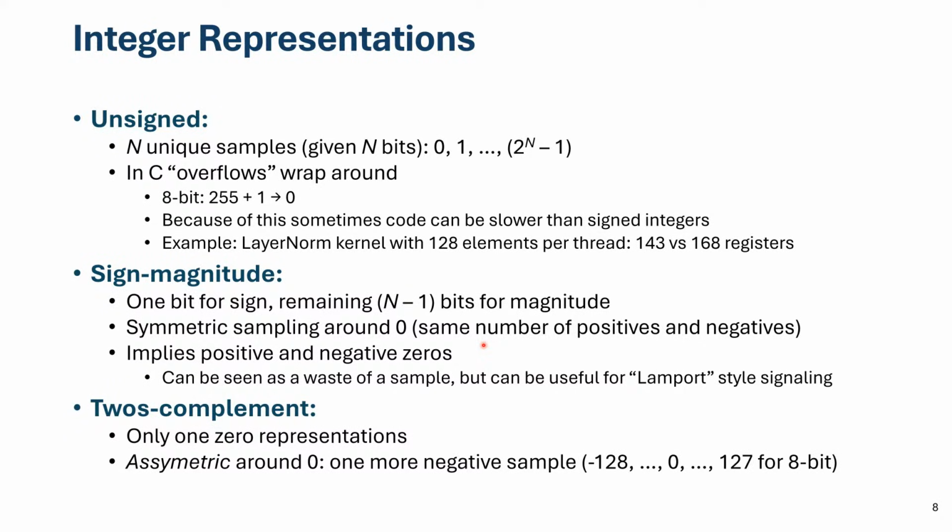If I used signed integers, I required only 143 registers. And when the delta is that large, things can actually affect occupancy and your performance. Now, some of that might be the compiler not being as stingy with registers as it could be. But my understanding is that unsigned integers in C and C++ come with some extra requirements that compilers sometimes will end up using more registers for, or extra instructions.